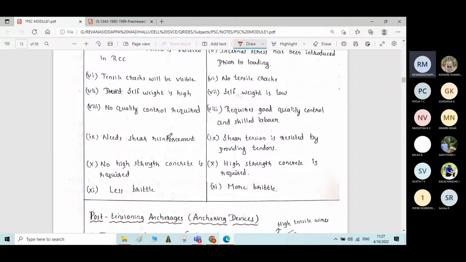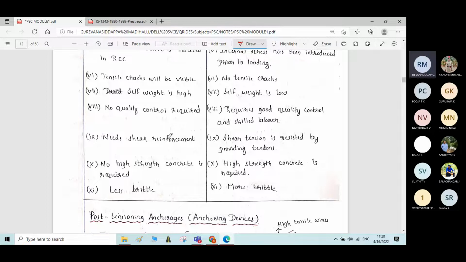Tendons will take care of the shear force, but in case of RCC, special shear reinforcement has to be designed and implemented. Then coming to the concrete, for RCC we will use normal concrete, for PSC we will use high strength concrete. High strength concrete is not required for RCC, and it is required for PSC.